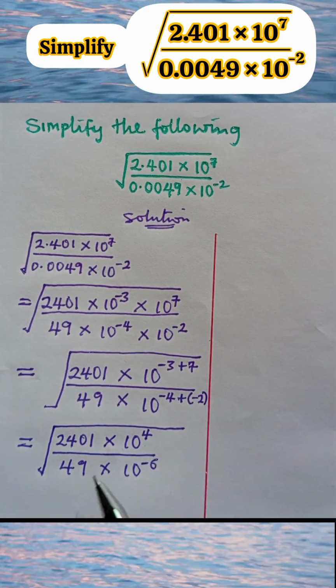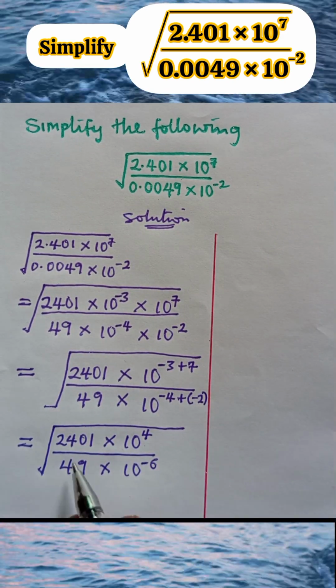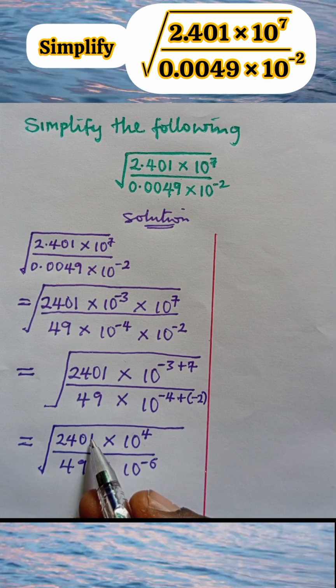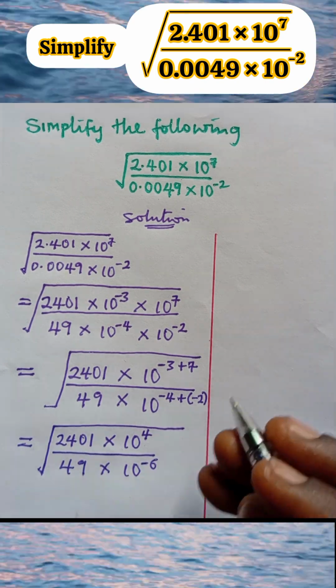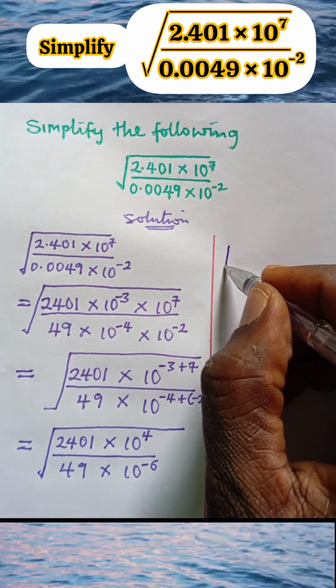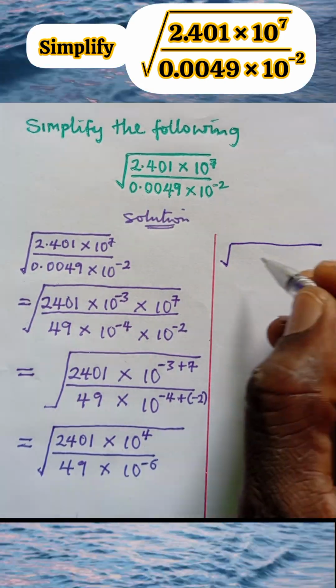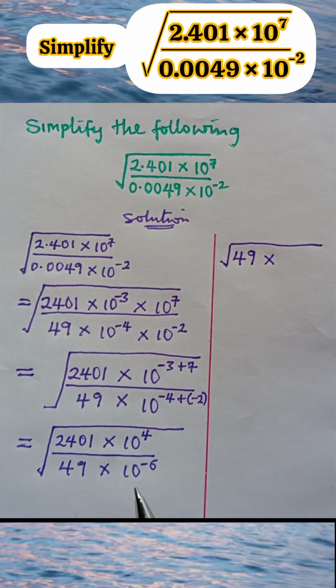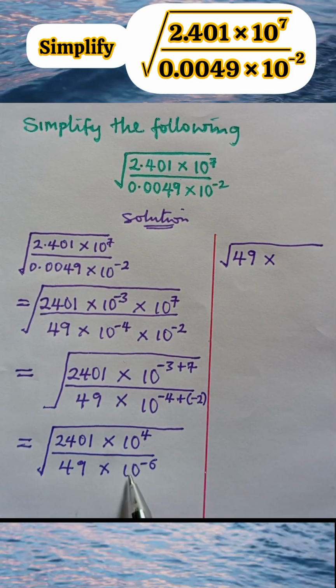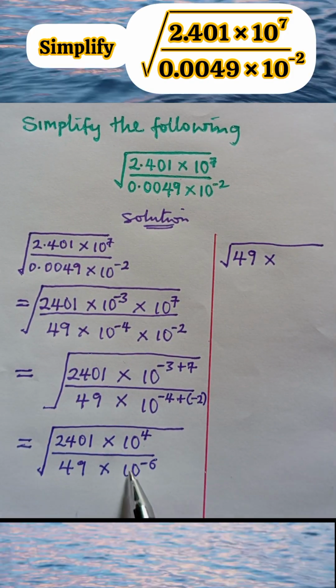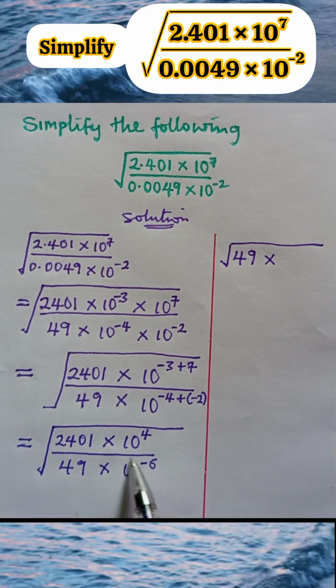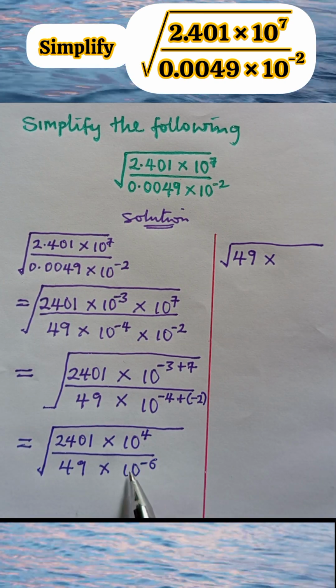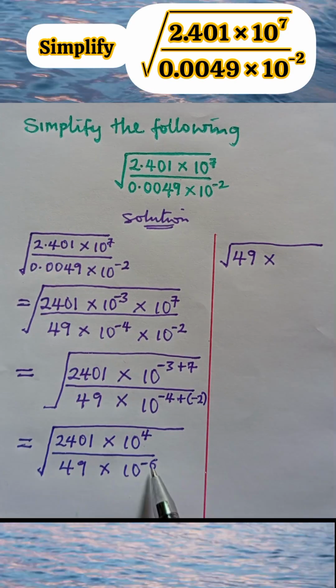Okay, right now we can use 49 to divide 2401, and when you divide it, it gives you what? 49. So we have square root of 49 times 10 to the 4 over 10 to the negative 6. Here we have two exponential terms with the same base. When you have two exponential terms with the same base related by division, you take one of the base to represent them and subtract their exponent.